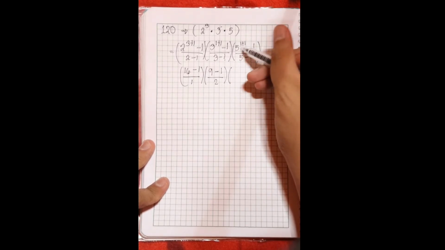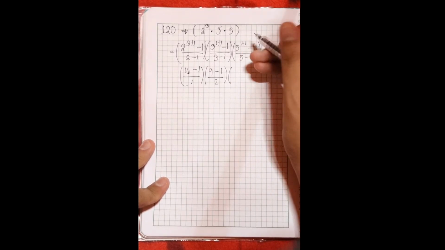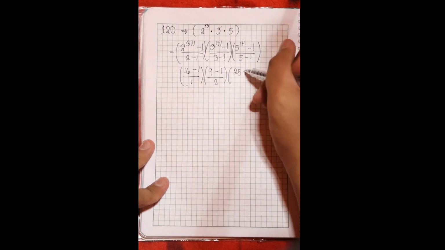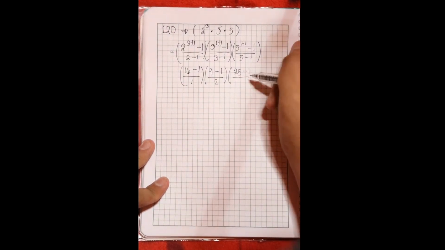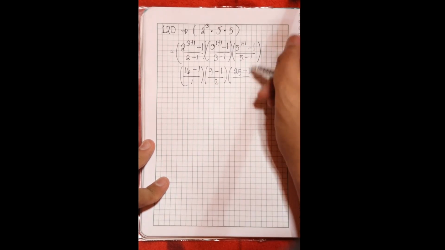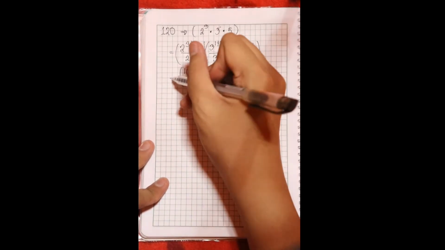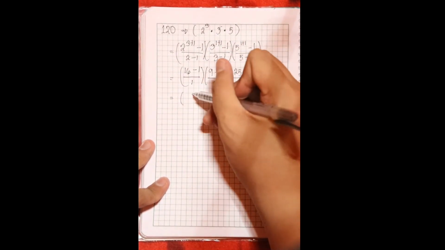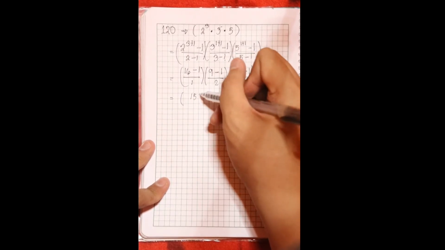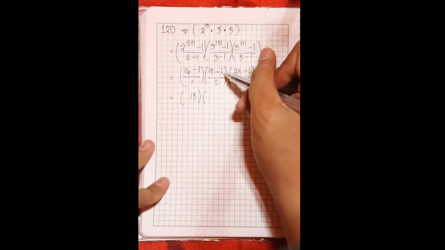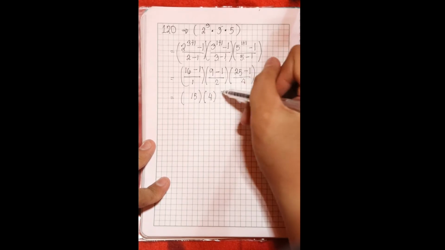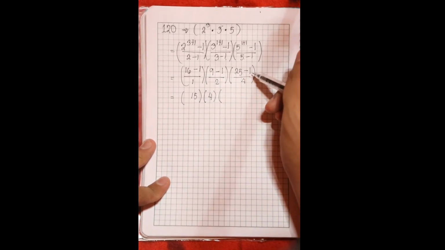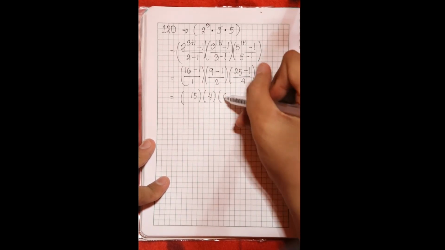Next, 5 raised to 2, or 5 squared, is 25 minus 1 divided by 5 minus 1 is 4. Next step, 16 minus 1 is 15 divided by 1, 15. So 9 minus 1, it's 8 divided by 2, 4. 25 minus 1, 24 divided by 4 is 6.